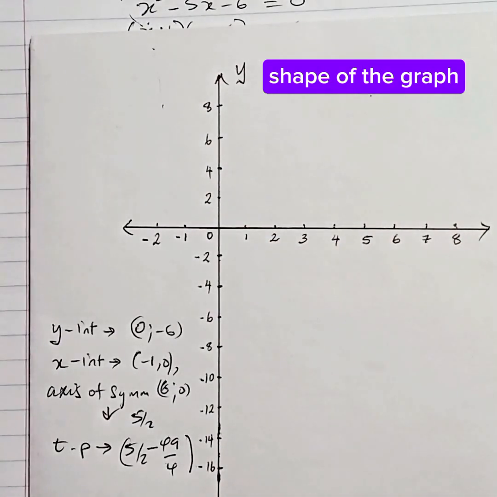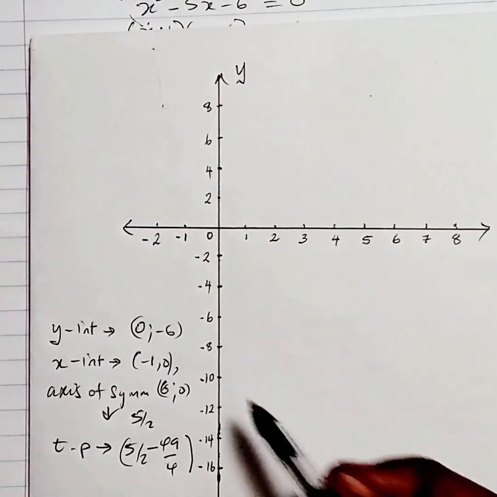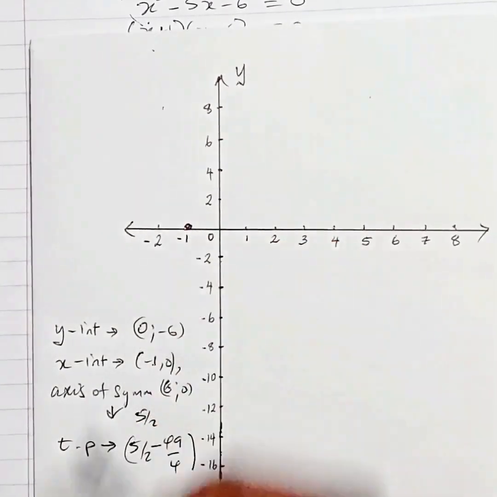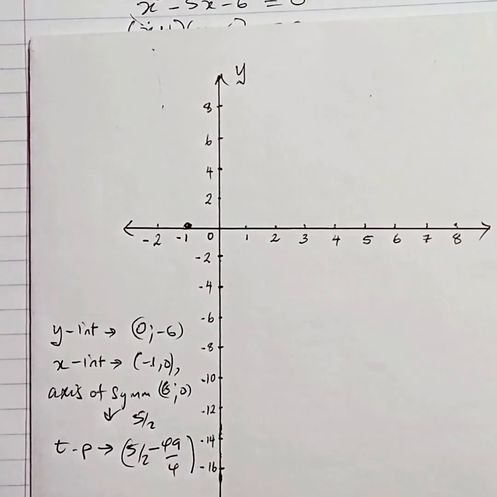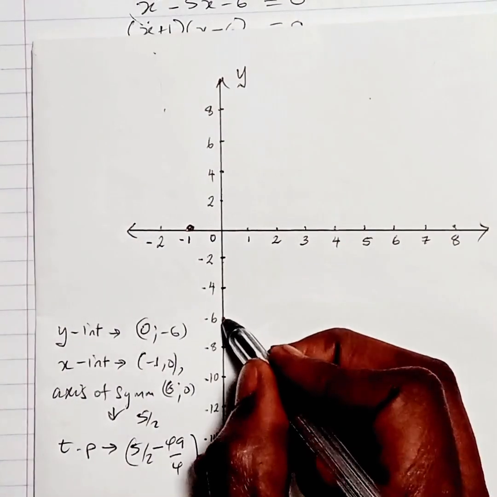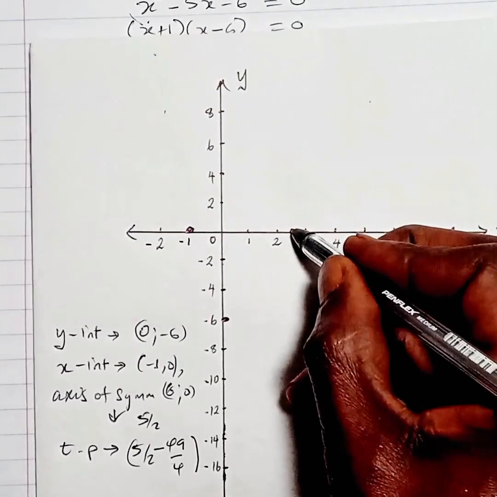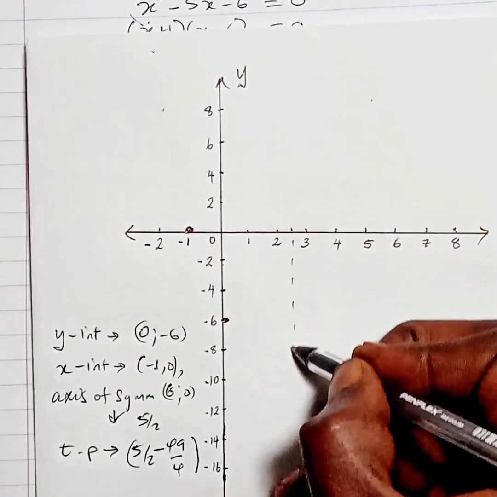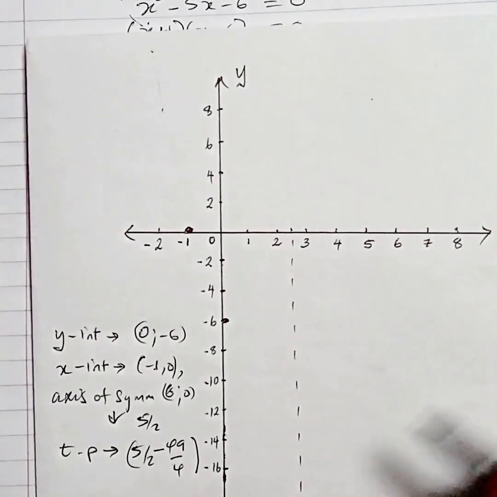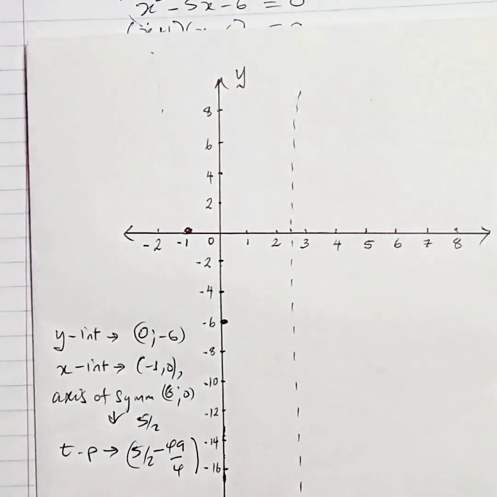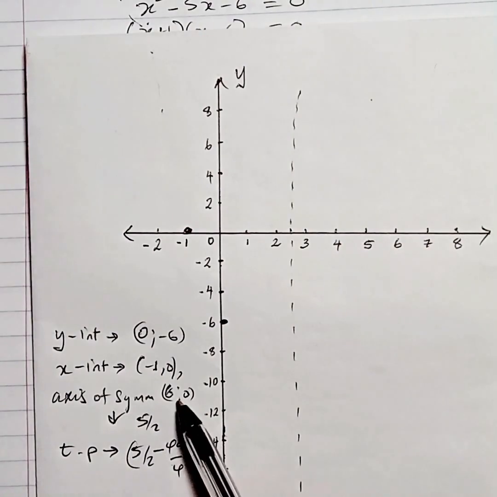Okay. So we know that the graph is surely going to pass through (-1, 0) there, and it will pass through (0, -6). Our axis of symmetry is at 5/2. 5/2 is 2.5, so it's here. That's the axis of symmetry. Now let's look at the other x-intercept, (6, 0).